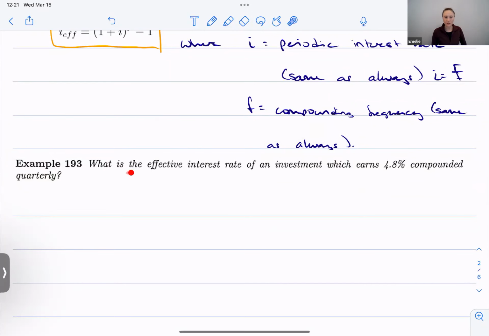What is the effective interest rate of an investment which earns 4.8% compounded quarterly? Here, what we want to find, maybe I'll use orange again, is the effective interest rate. So that's I_EFF.